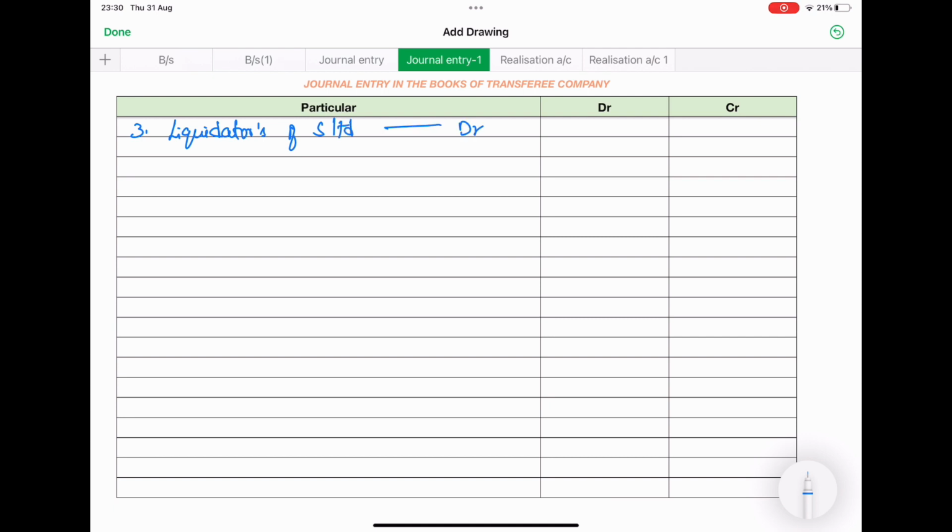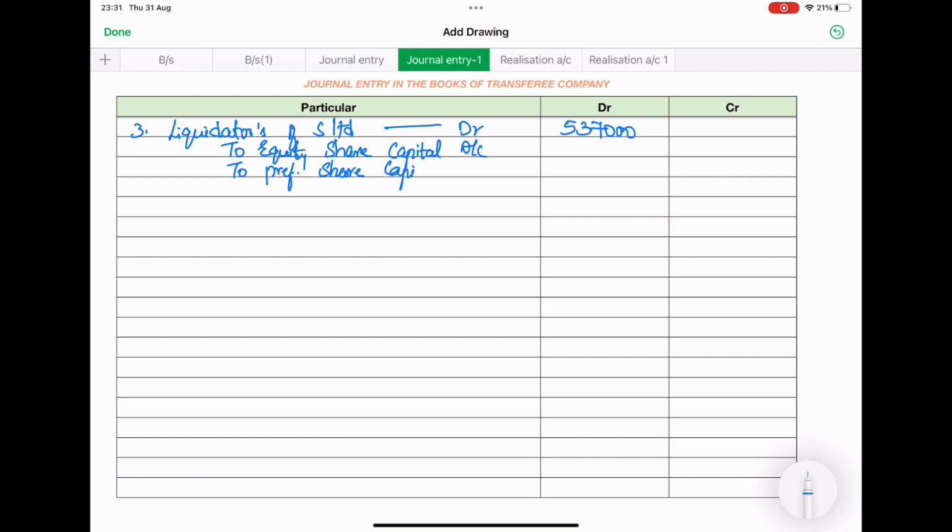How much PC we have? 5,37,000, isn't it? This will be transferred, which we are not paying in cash. We are issuing preference shares as well as equity shares, isn't it? So liquidators of S Limited account debtor to equity share capital account and preference share capital account.